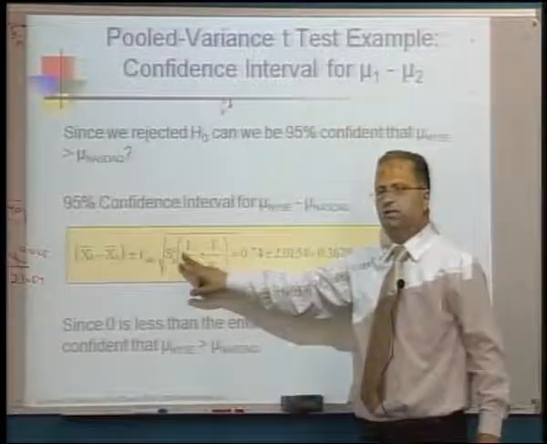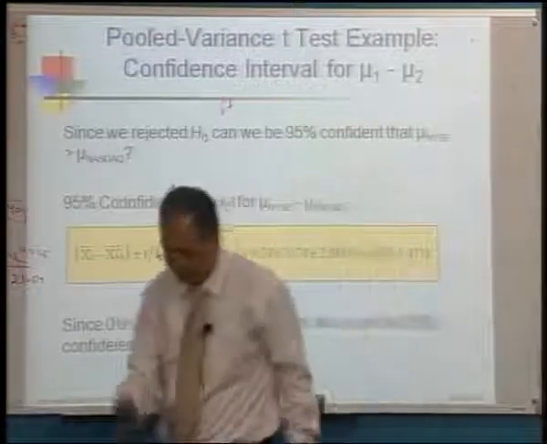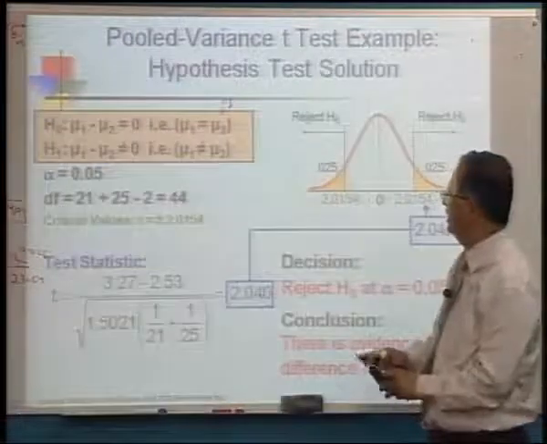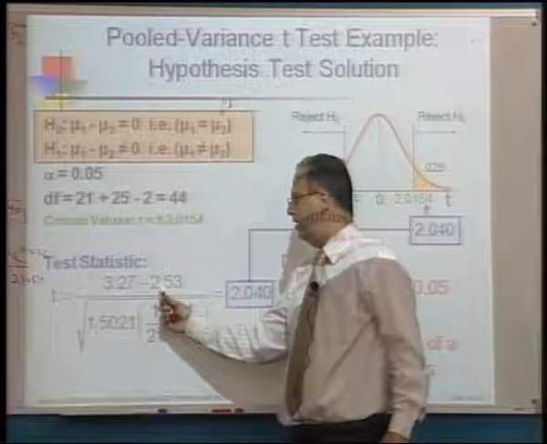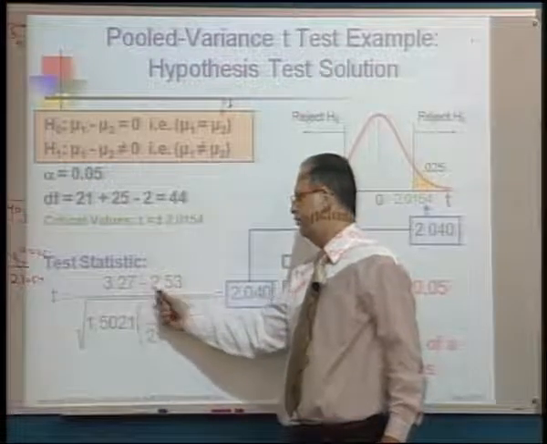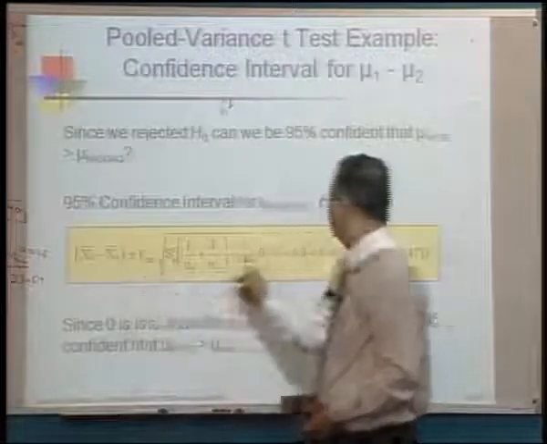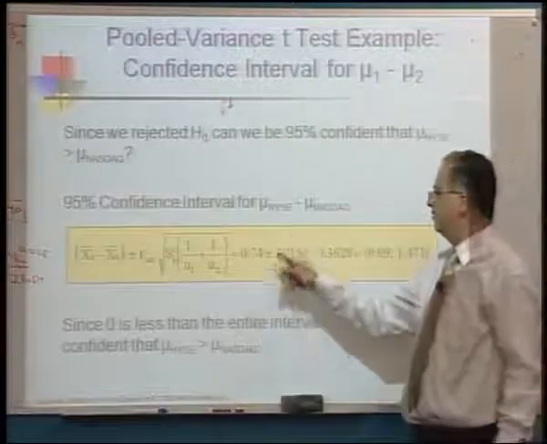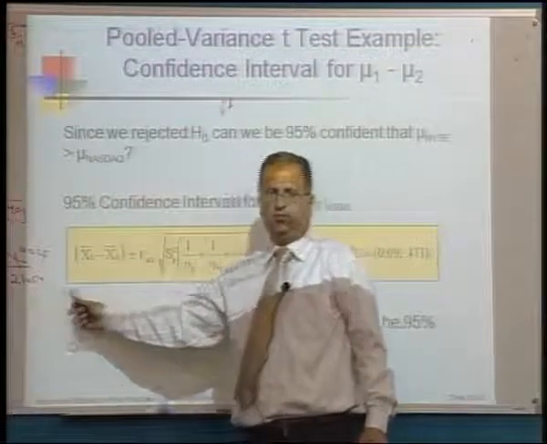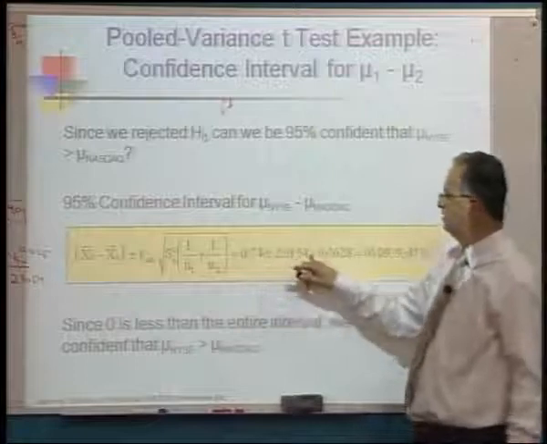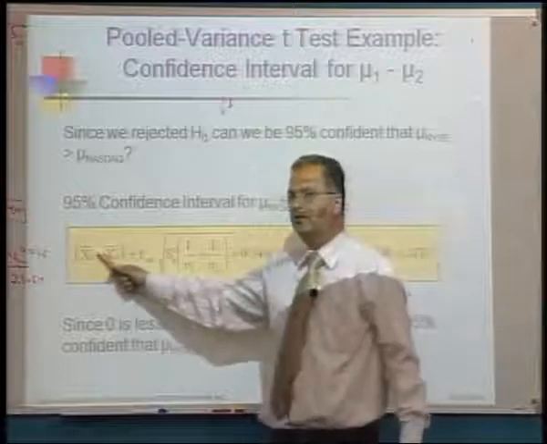This is your formula. So x1 bar minus x2 bar, if you go back a little bit to these two values, x1 bar is 3.27 minus x2 bar 2.53. The difference is this amount, 0.74, plus or minus t alpha over 2, the critical value we have here, times the standard error of this estimate.